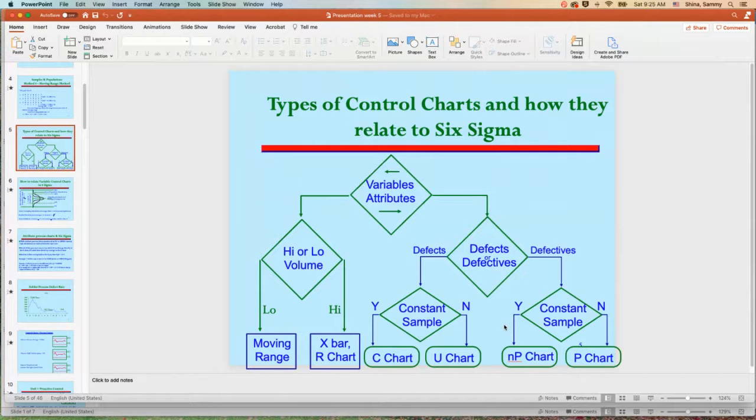The sample for the variable might be 4 or 9, but the sample for defect or defective, since it's a percentage or a probability, has to be much larger, usually a minimum of 100. So if you have one defect per 100, according to Six Sigma, that's pretty bad quality.